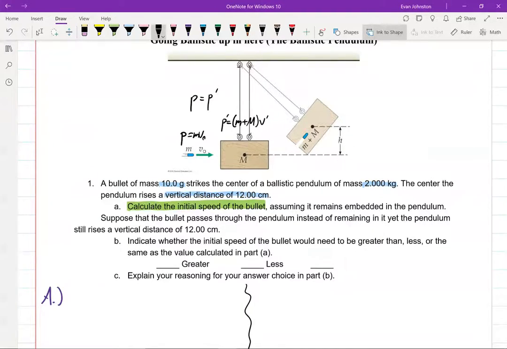Now there also is a second process here, where once the block has been hit by the bullet, the block is moving. So right here, the moment the bullet is embedded in it, it is now moving. So right here, it has some kinetic energy, right?